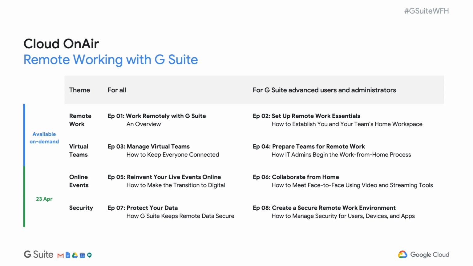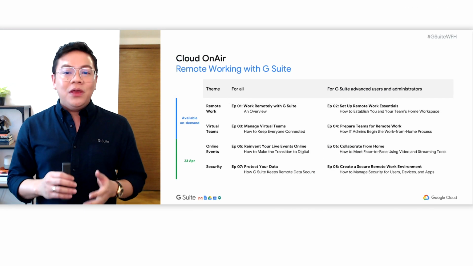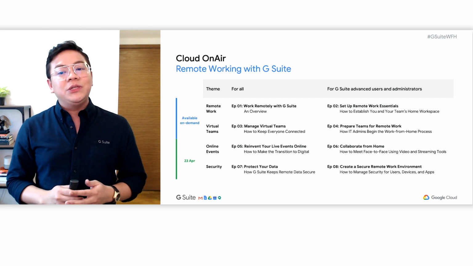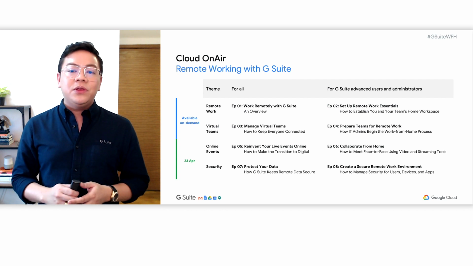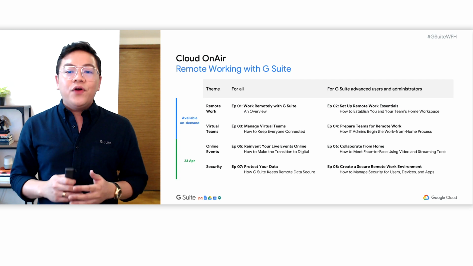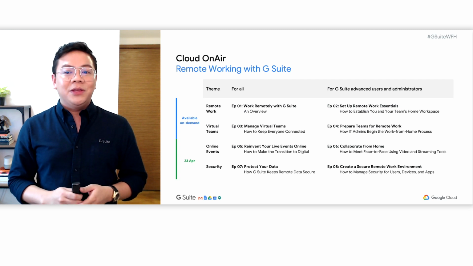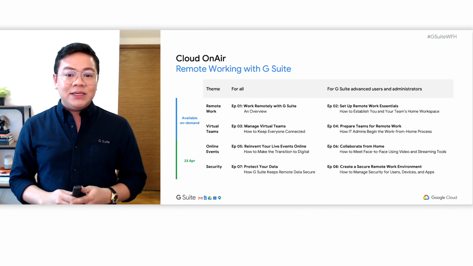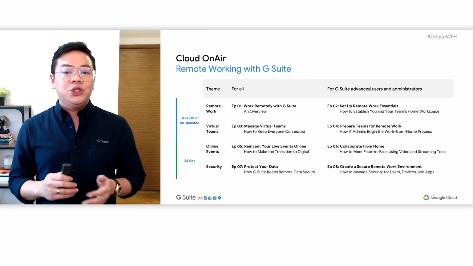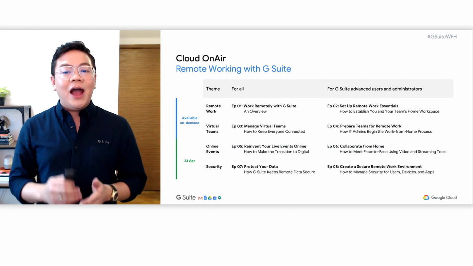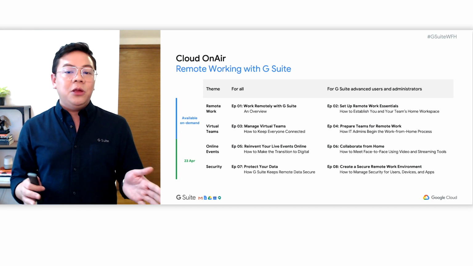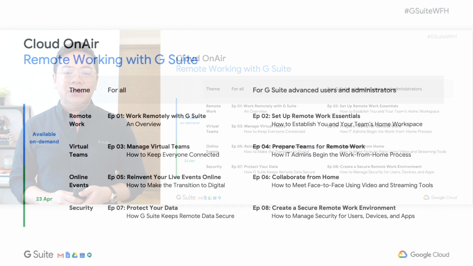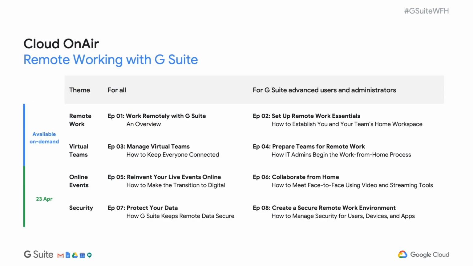The previous four episodes were about remote work overview and virtual teams. They are now available on demand so you can replay them anytime. I hope you enjoyed our digital event last week where we walked you through the fundamentals of using G Suite for your new remote work environment. My colleagues also shared with you some best practices on building effective virtual teams and tips on how IT teams can enable your new distributed workforce. Today, we'll walk you through online events and security.